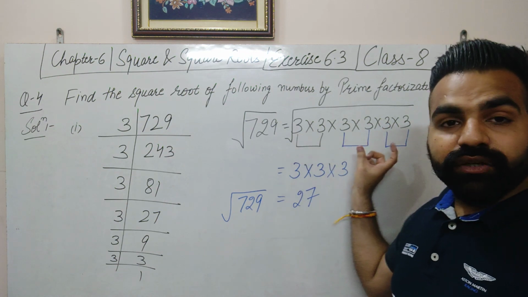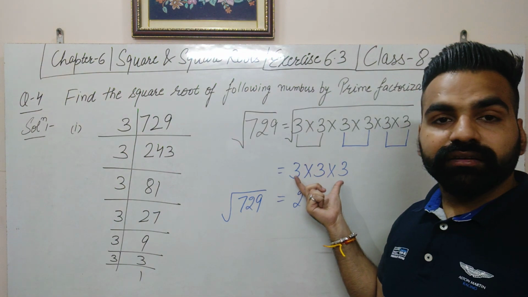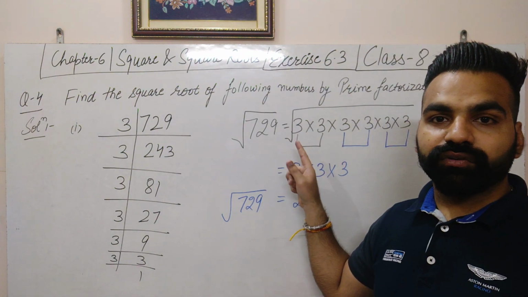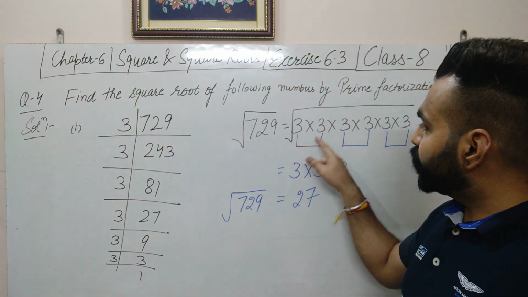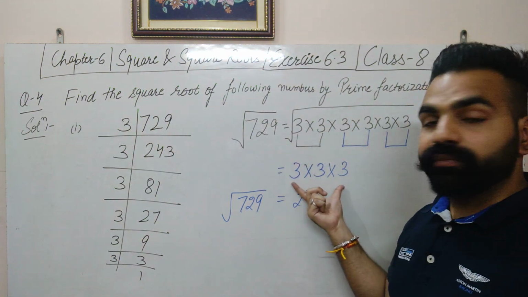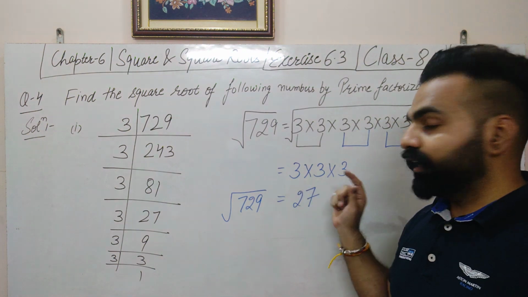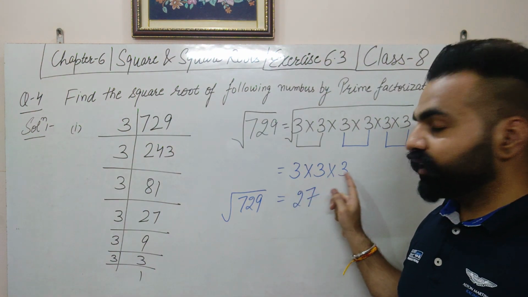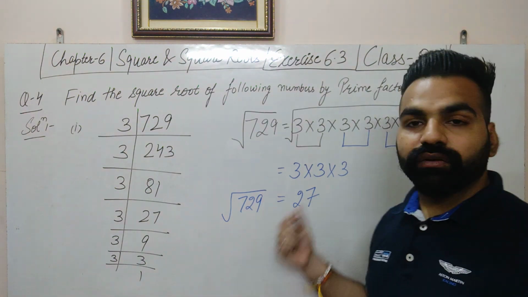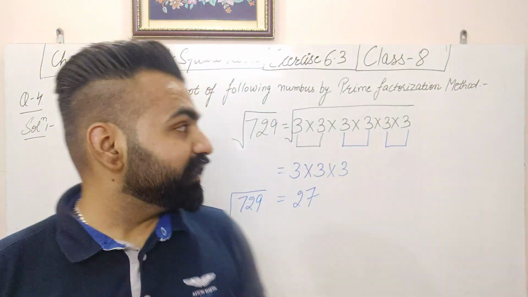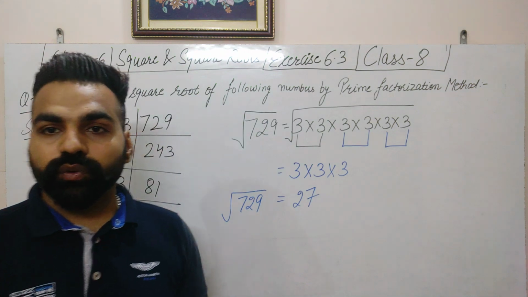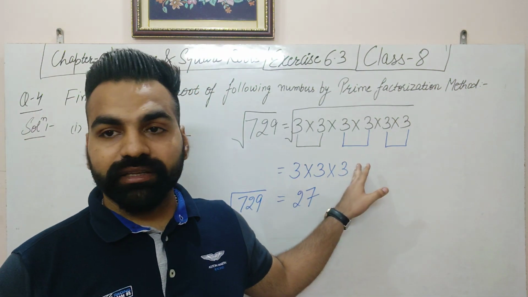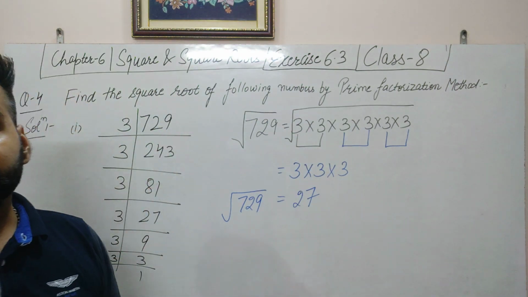Corresponding to six 3's, there will be 3 pairs, and from each pair one digit will be taken out of the root. The number of pairs is 3, so there will be three 3's in multiplication. Finally we will multiply the given numbers. 3 into 3 into 3 is 27, which is the required answer. In this form we can calculate the square root of any number by prime factorization method. So this is the prime factorization method.